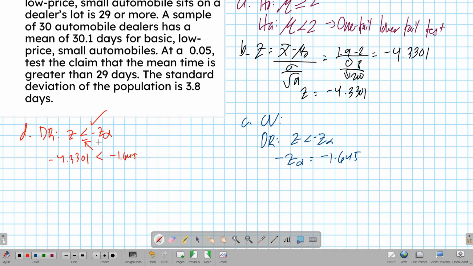Since we follow our rejection rule, we have not failed, but we have rejected the null hypothesis.